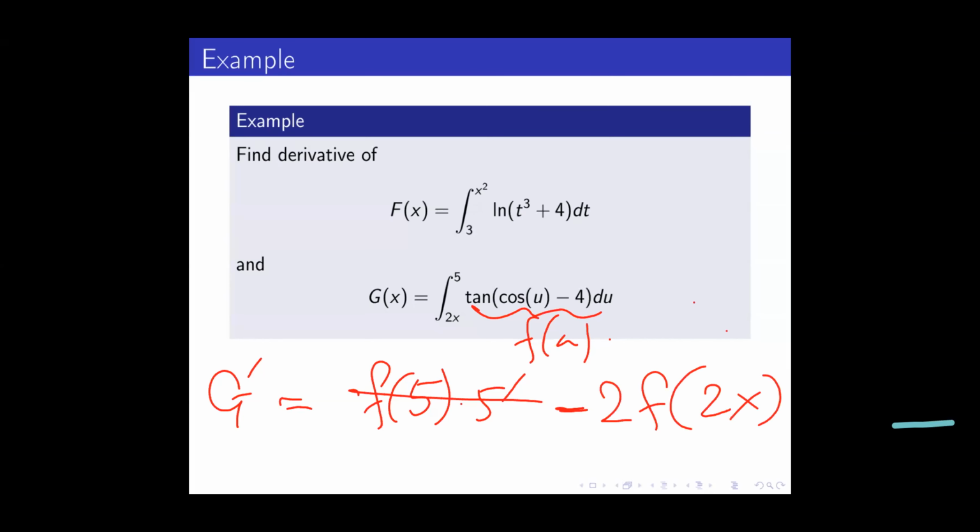Okay, and so you get minus 2 tan of cosine 2x minus 4. Okay, very good. Any questions? If any of this is not clear to you, then let me know.